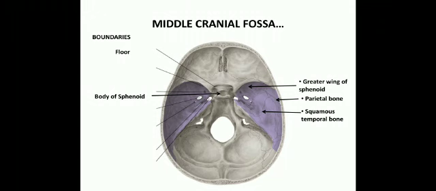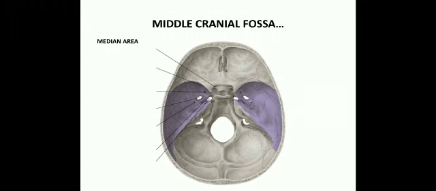Now the features in the median area. It presents the sulcus chiasmaticus or optic groove, which leads on each side to the optic canal.